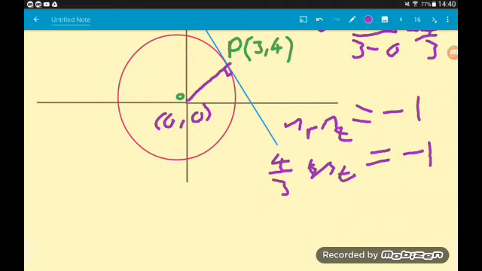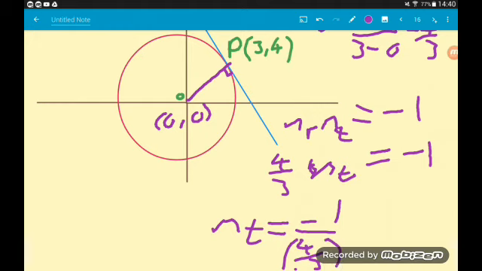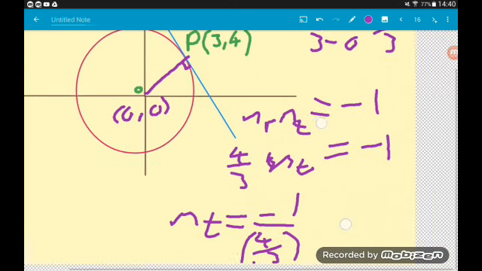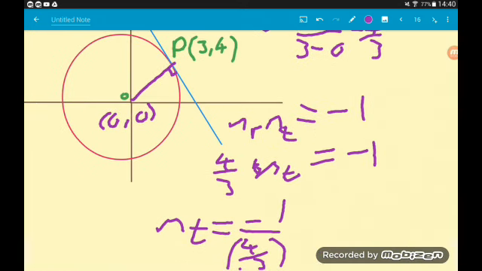So if we divide by 4 thirds, we get that the gradient of the tangent is minus 1 divided by 4 thirds. Now if you divide by a fraction, you flip that fraction over and multiply by it.